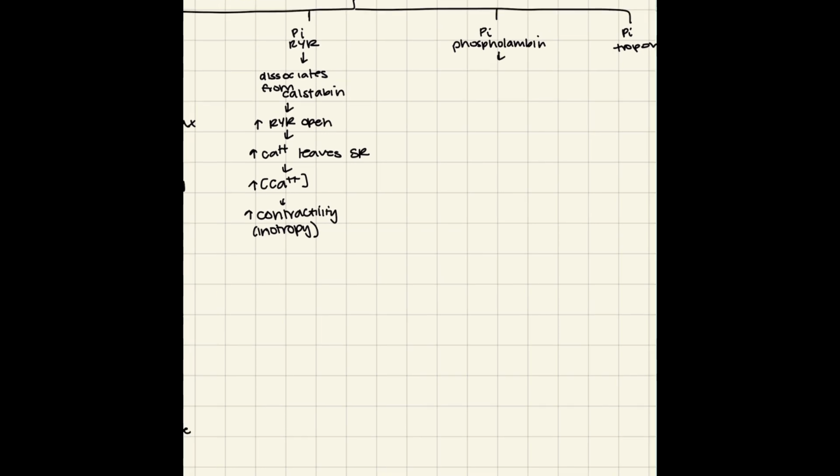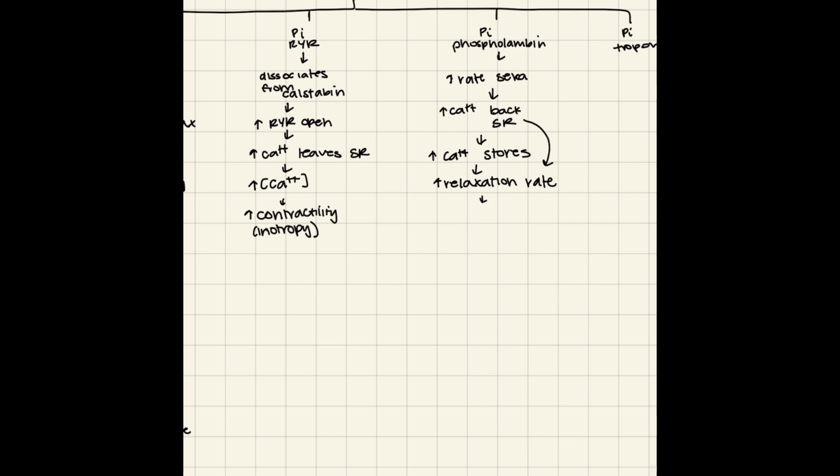Phospholamban is actually not an inotropic effect. However, it has an indirect effect on inotropy, so we talk about it. When we phosphorylate phospholamban, we increase the rate of the SERCA pump. So you increase calcium going back into the sarcoplasmic reticulum, which increases calcium stores. This also increases relaxation rate because we're pulling calcium into the sarcoplasmic reticulum faster.